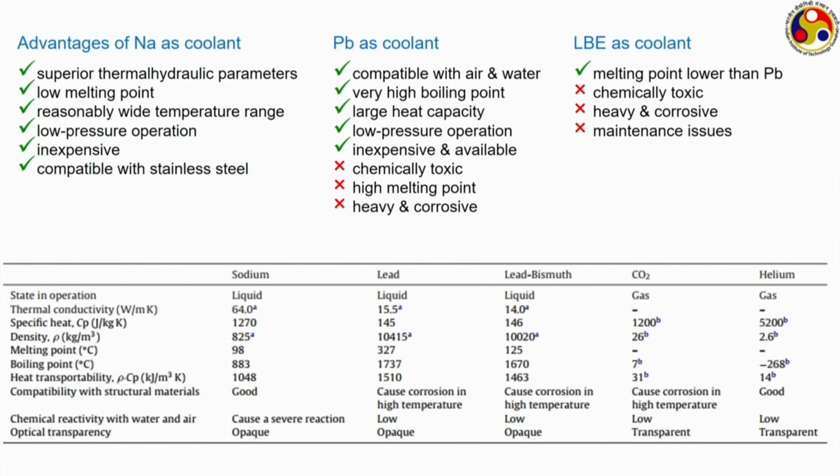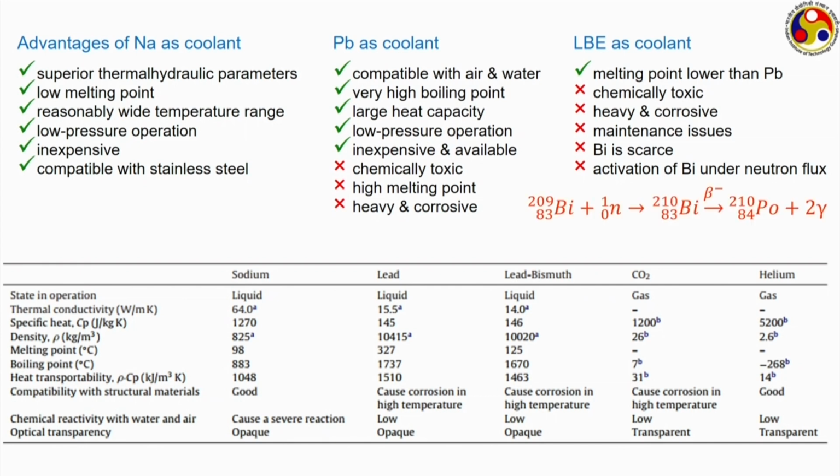There may be some other reasons also, but both Russian submarines reported severe maintenance issues, related to the flow of this LBE itself. And bismuth is not that easily available. Lead of course is easily available, but bismuth is quite scarce, and also it can become active under neutron flux.